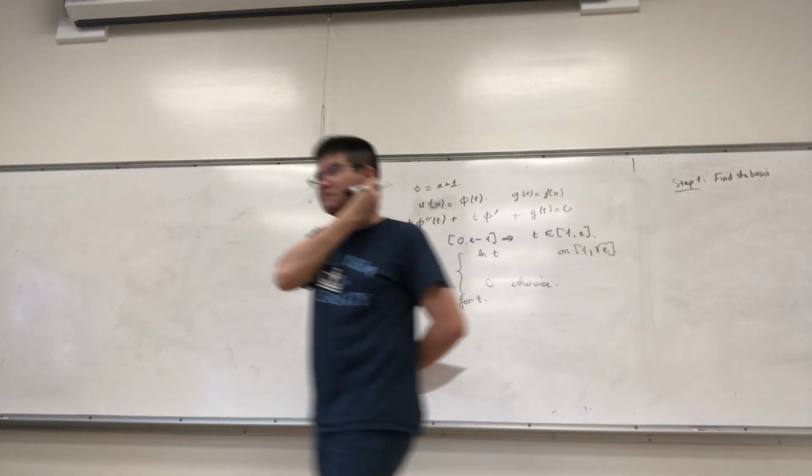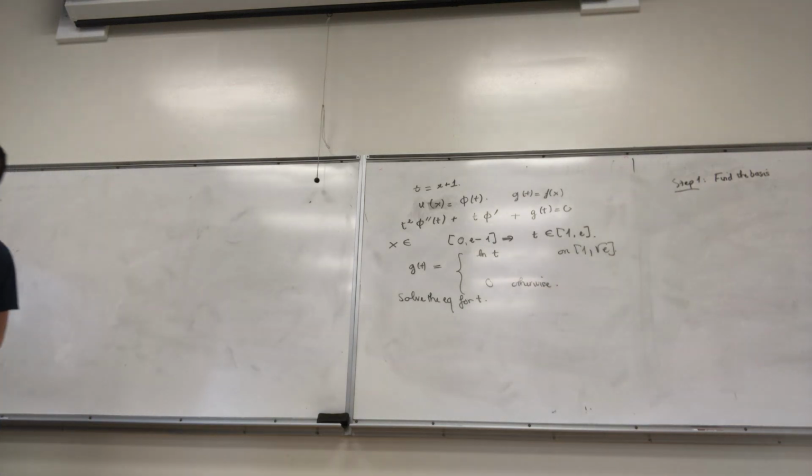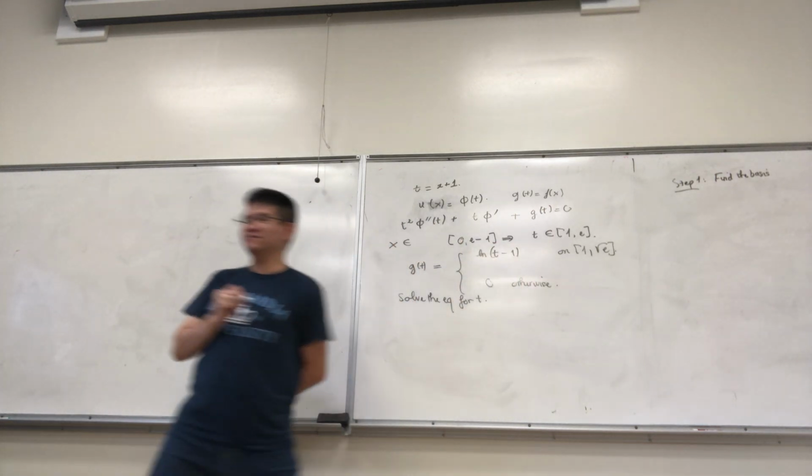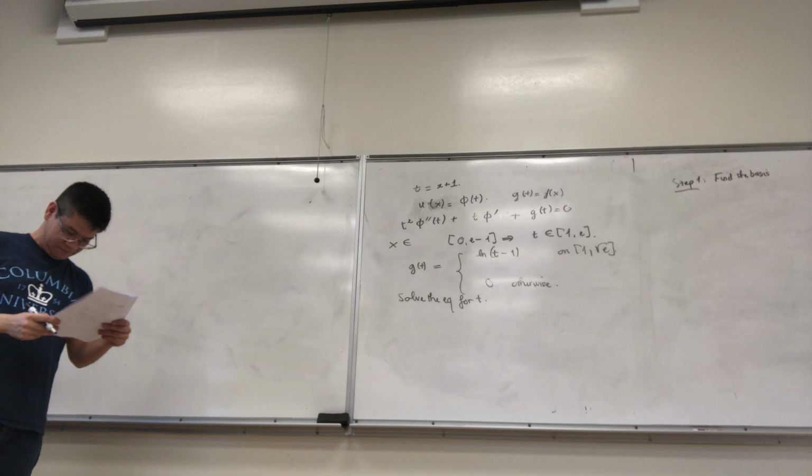How do I, yes? Just a quick question. For g(t), why is it not ln t minus 1 since t is equal to x plus 1? Yes. Log t minus 1. Yes, thank you. Thank you.